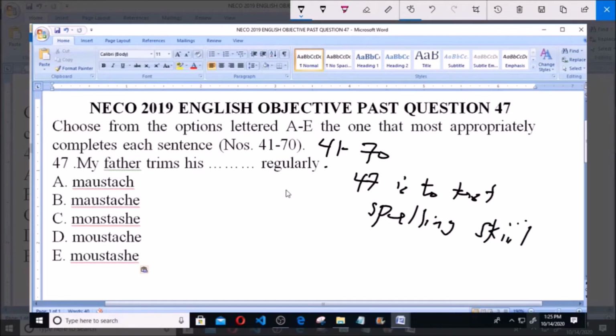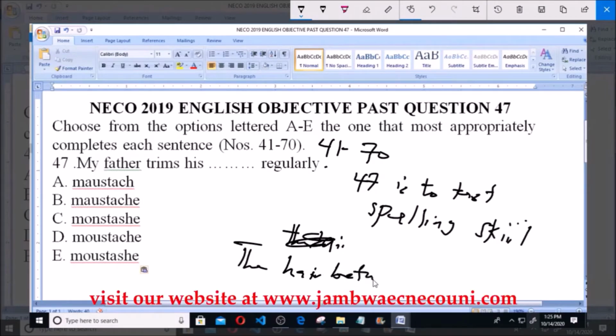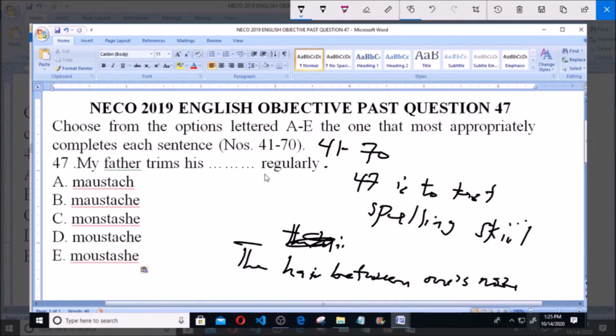So the correct spelling of mustache, because when we talk of mustache it means the hair between one's nose and lip. And the correct spelling for this is option D. So my father trims his mustache regularly. So option D is correct.